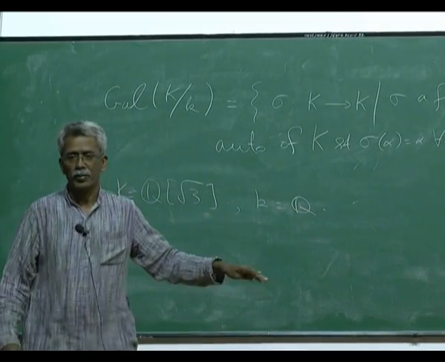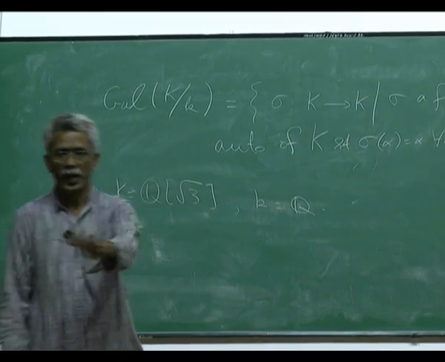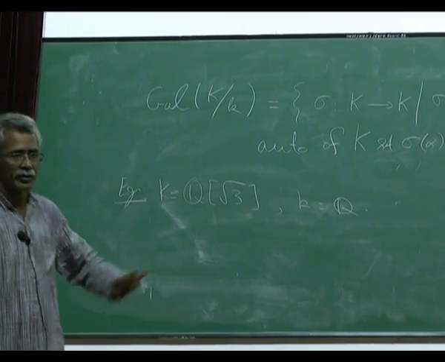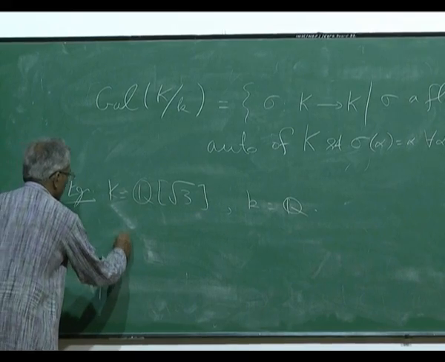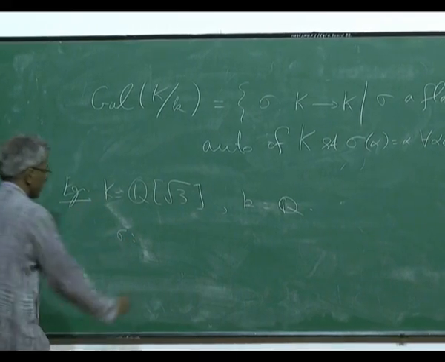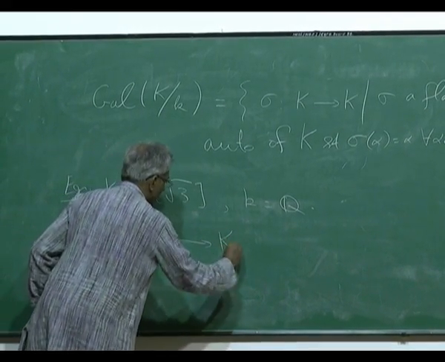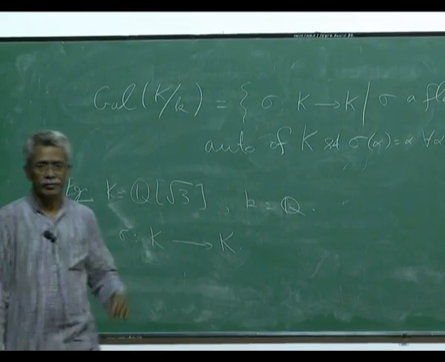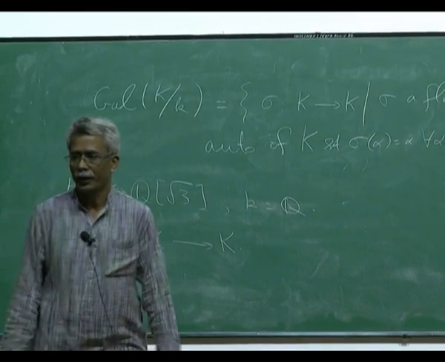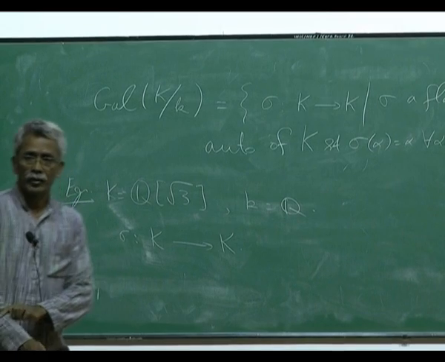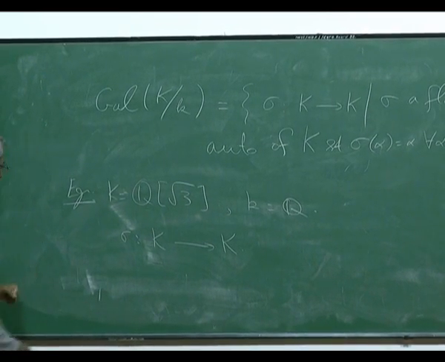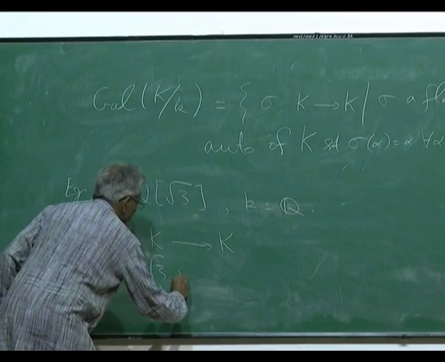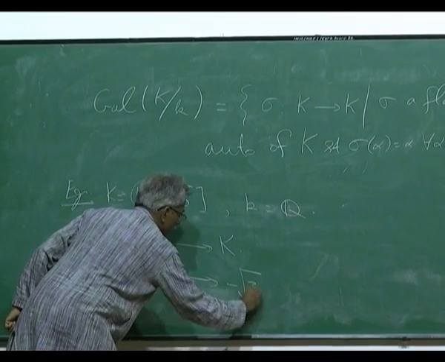In almost all my examples, small k will be the rational numbers. If I forget to write that, just ignore, assume that. Okay, so now I will write down explicitly the maps from K to K. I could of course take the identity, that is always there. The identity automorphism fixes every point of even capital K, so that is there. But other than the identity, I take root 3 goes to minus root 3.